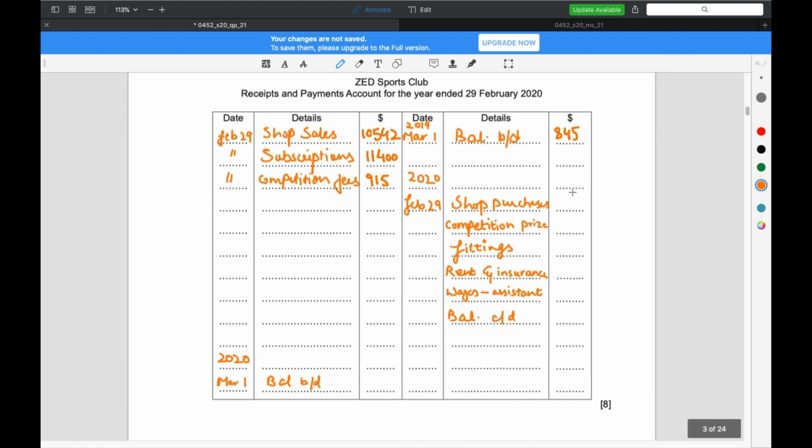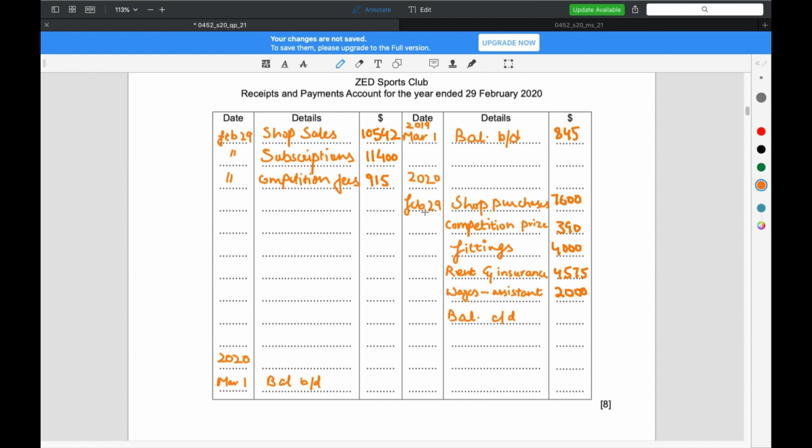So let's just write all these down on the credit side, which is going to give you 7,600 for the shop purchases. Competition prizes are 390, fittings are 4,000, the rent and insurance are 45.75, and then the wages for the shop assistant is 2,000.